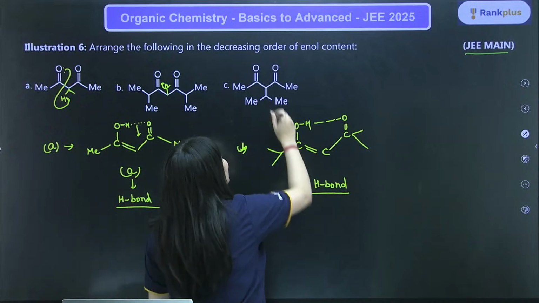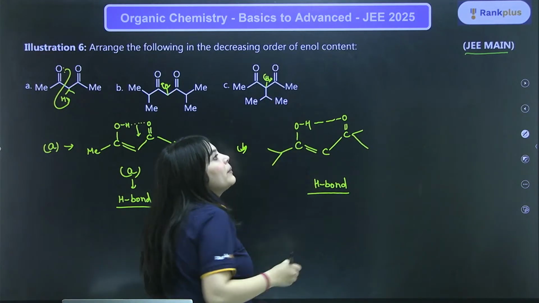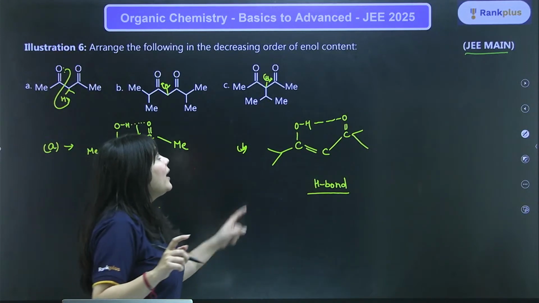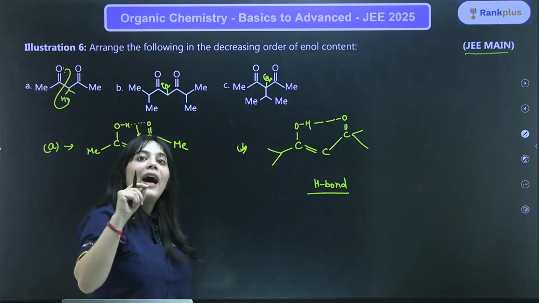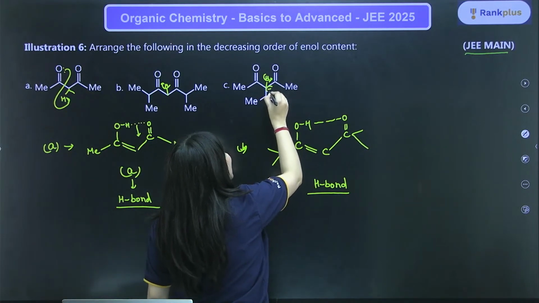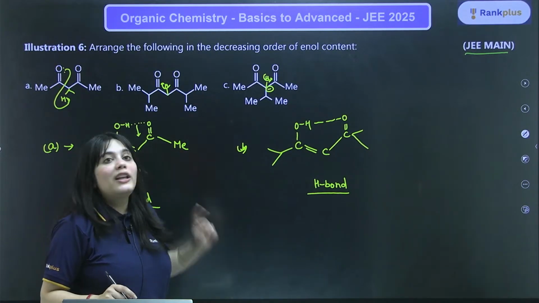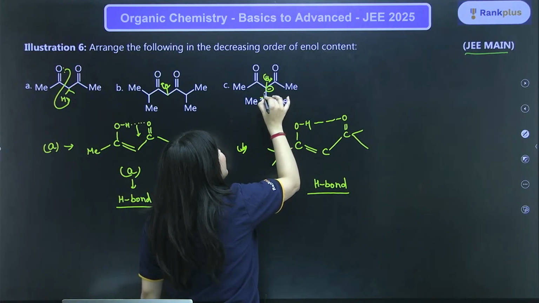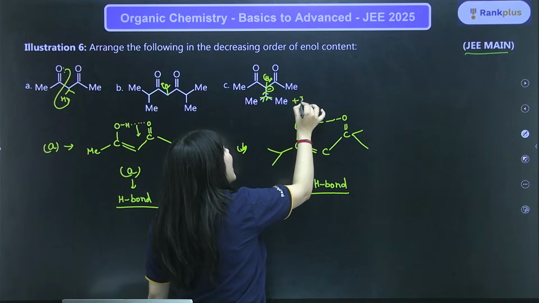Okay? Now let us see the last molecule. If the hydrogen is abstracted from here, what is left behind? After the H plus is gone, a negative charge is left behind, right? And the methyl groups are attached, and methyl groups are plus I groups.